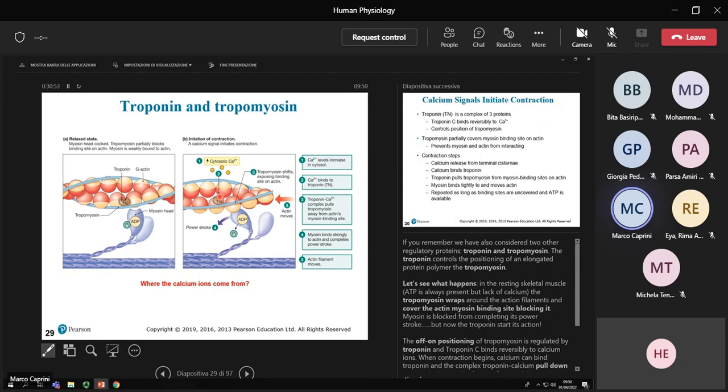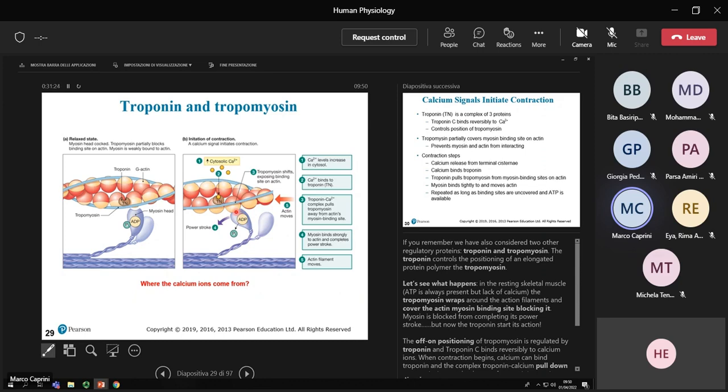The calcium binds to the troponin. The troponin with the calcium shifts the position of the tropomyosin, exposing perfectly the binding site on the actin.